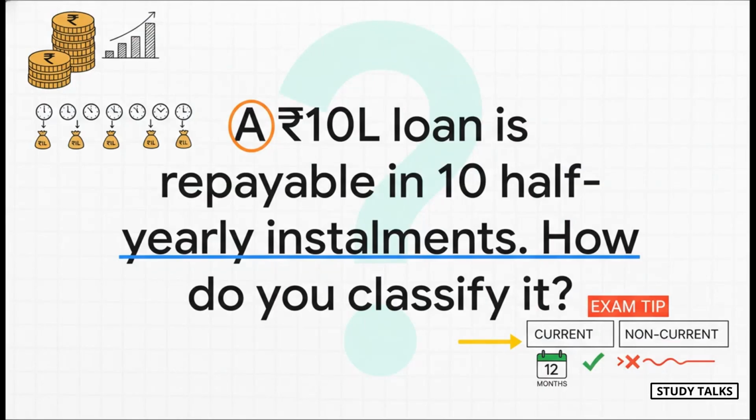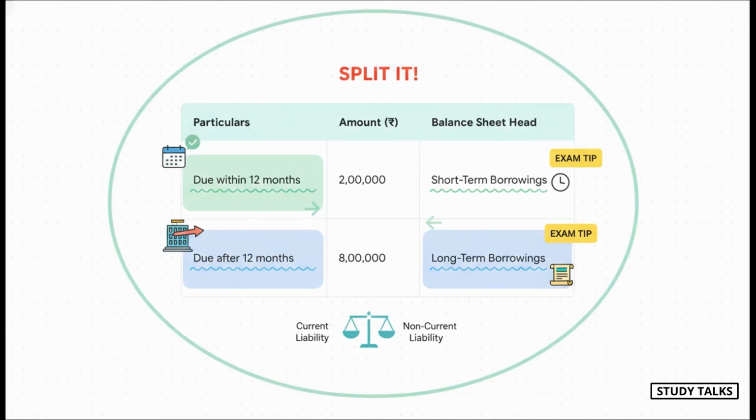Next up, a classic problem on loan classification. So, a company takes a 10 lakh loan. The deal is it has to be repaid in 10 equal half-yearly installments of 1 lakh each. So, at the balance sheet date, how are you going to show this loan? Is the whole thing non-current? Is it all current? Or is it something in between? This is the perfect example of what we call current maturities of long-term debt.